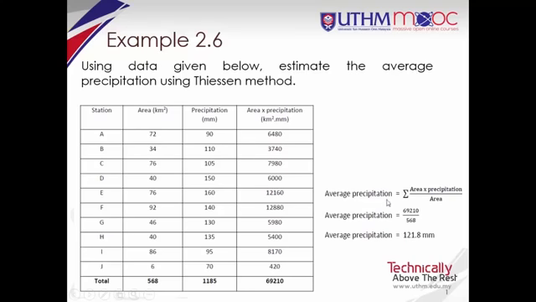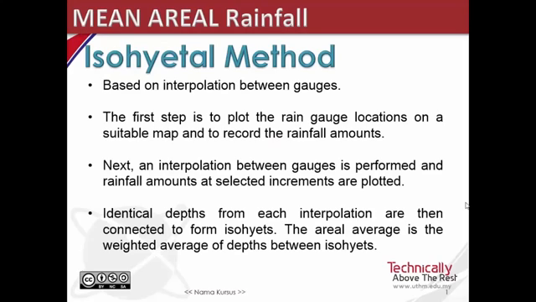To get the average precipitation, this value is divided by the summation of area. So 69,210 divided by 568 equals 121.8 millimeters.